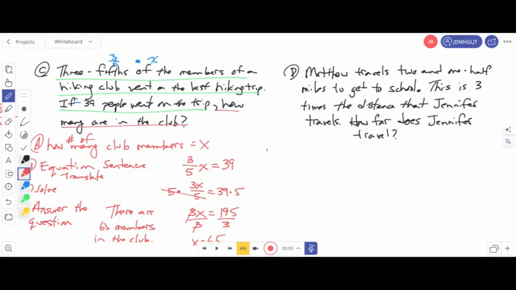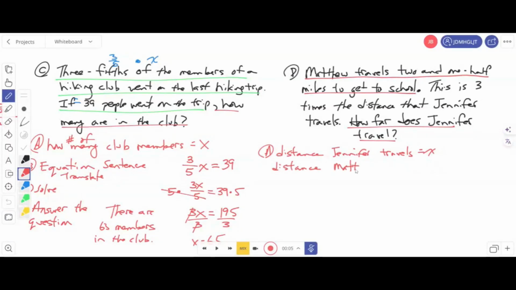Okay. We're asked to find how far Jennifer travels. I'll call it X. There's an information sentence that says Matthew travels 2.5 miles. Two and a half miles.